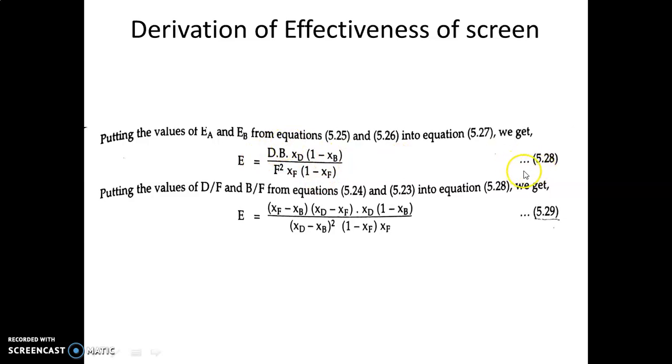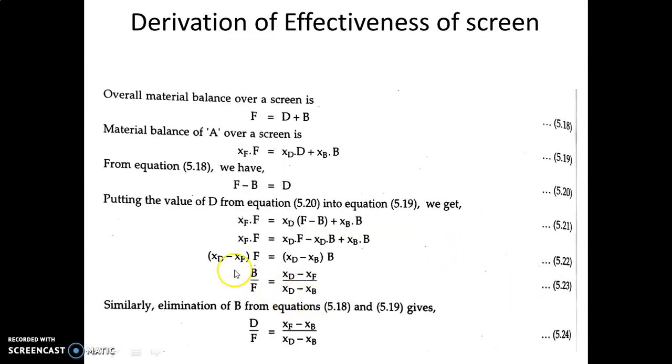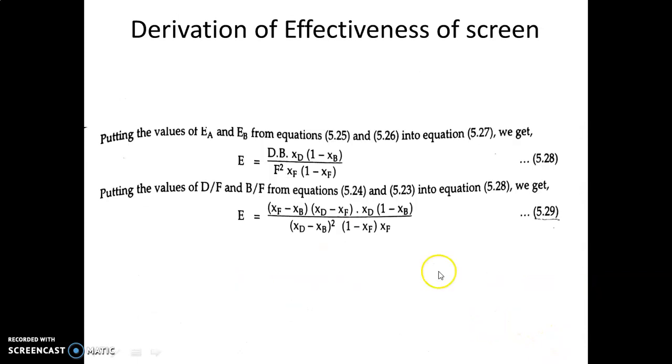We get this type of equation, which has the number 5.28. Then we have already calculated the values of D by F and B by F in equations 5.24 and 5.23, so you have to put those values of D by F and B by F here.